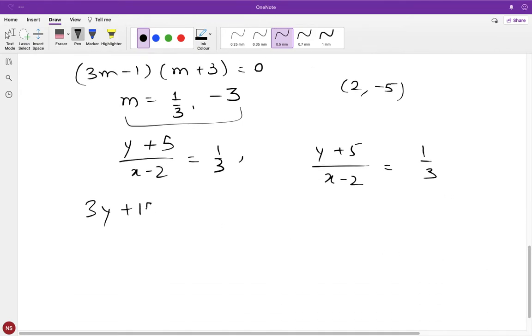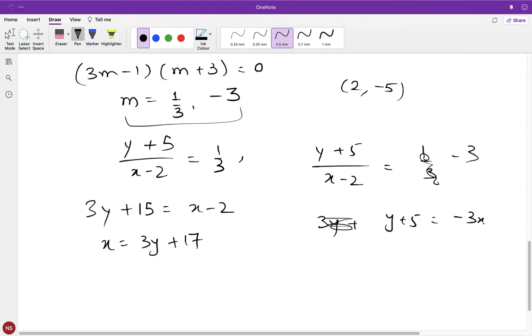So 3y plus 15 is x minus 2. So x is equals to 3y plus 17, comma 3y plus, okay, so minus 3 should be here. I have already taken minus 1. So y plus 5 is minus 3x plus 6, or 3x plus y is equal to 1.